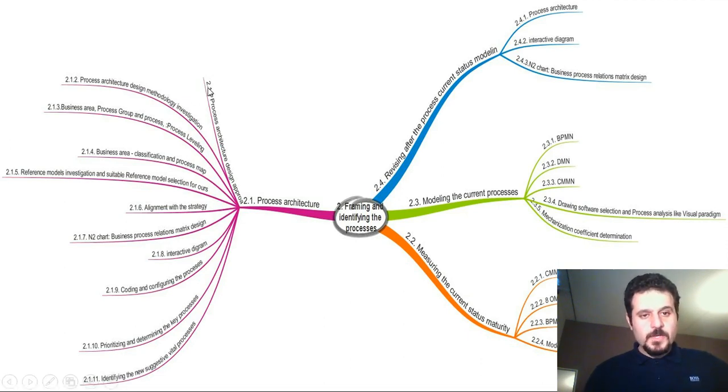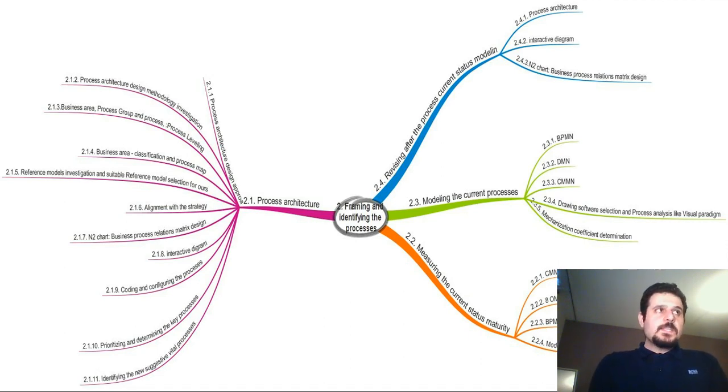Now consider process architecture. In addition, I should say that I designed 13 steps for designing process architecture. I wrote an article about that on my LinkedIn. You can read it, and it explains in detail, step by step, what they should do. Also, I will talk about how we can design process architecture in our BPM course on the YouTube channel.